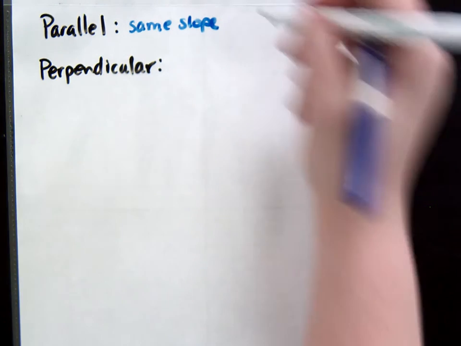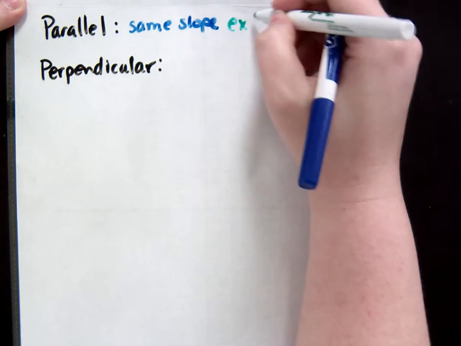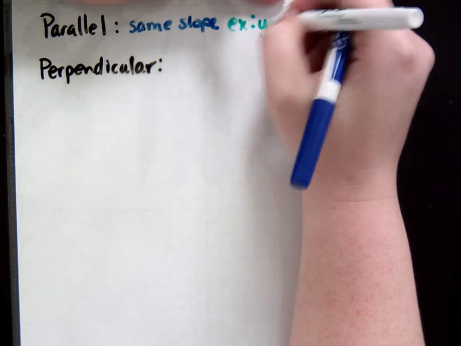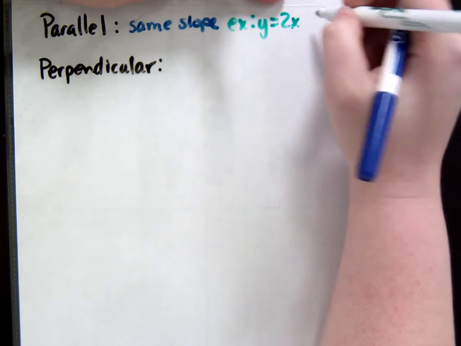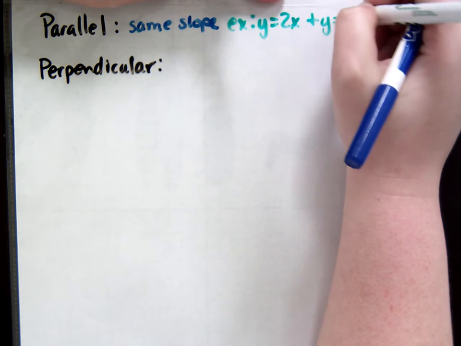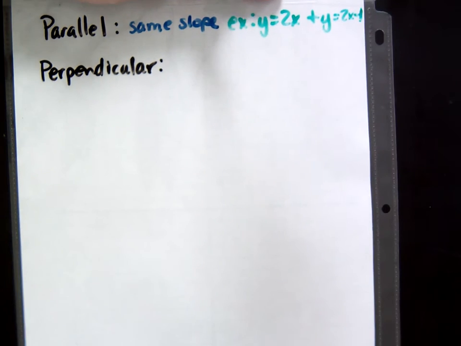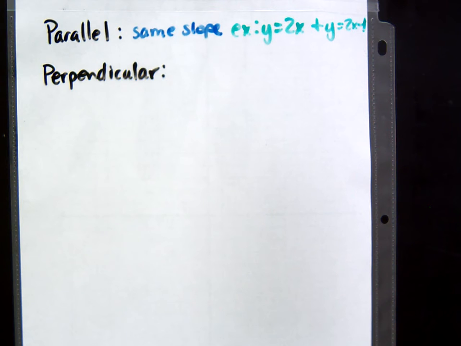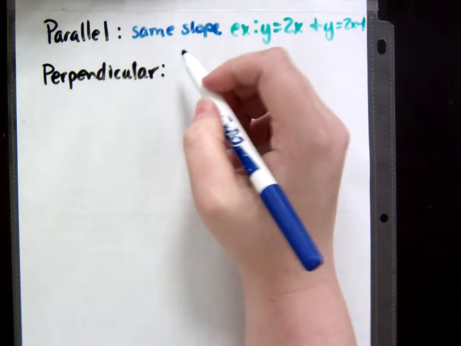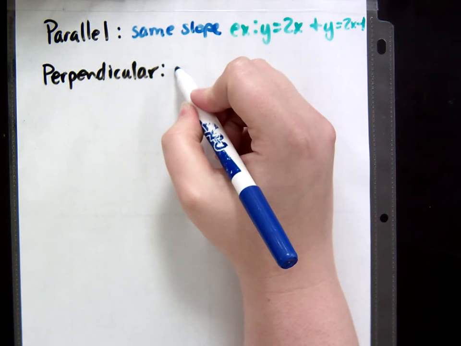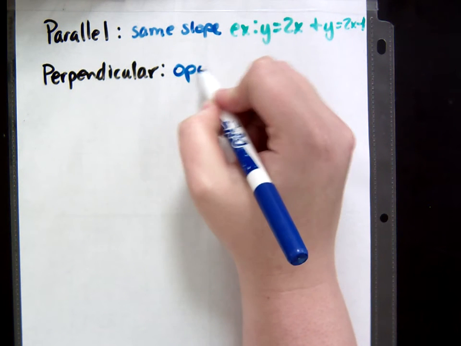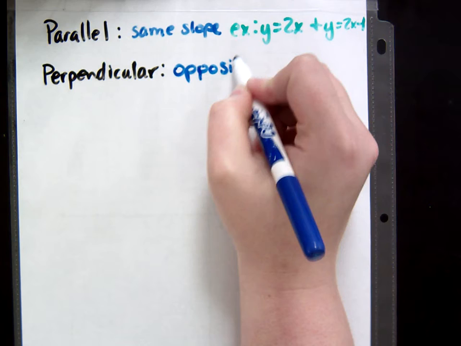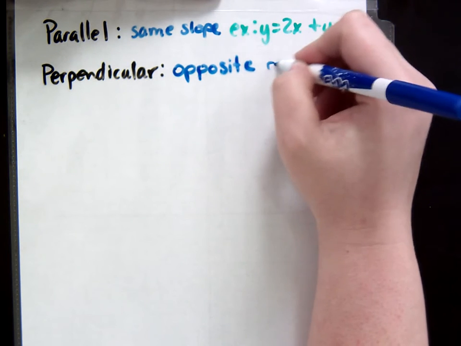For example, the lines y equals 2x and y equals 2x minus 1 are parallel lines. If lines are perpendicular, their slopes are going to be opposite reciprocals.